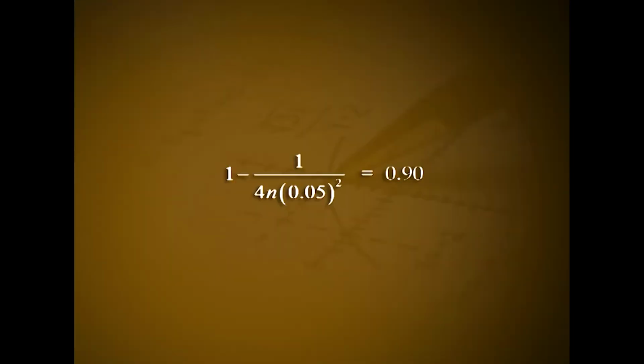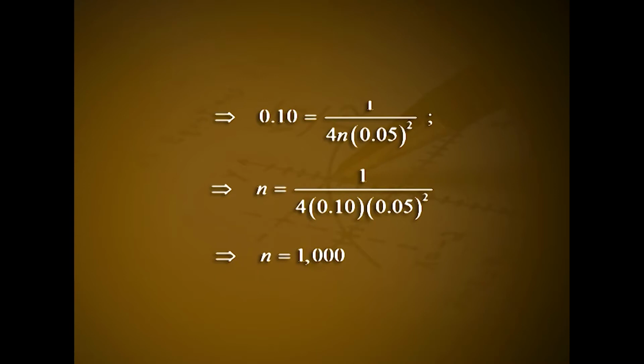To get the number of samples required so that the above probability is greater than 0.90, we have to find n such that 1 minus 1 divided by 4 into n into 0.05 square equal to 0.90. This implies 0.10 equal to 1 divided by 4 into n into 0.05 square. This implies n equal to 1 divided by 4 into 0.10 into 0.05 square. This implies n equal to 1000.